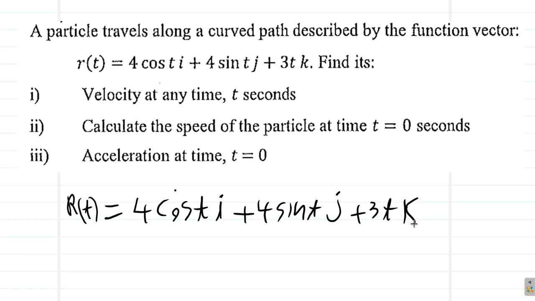Now, that is the curved path, right? It is showing really a distance. Now, the thing is, you want the velocity. The velocity is the rate of change of distance with time. So how do you find the velocity?